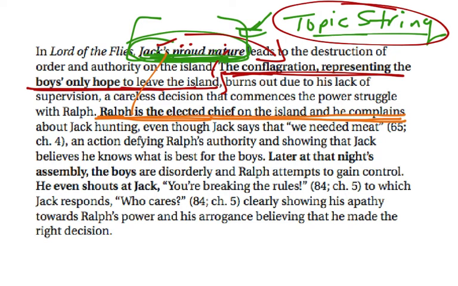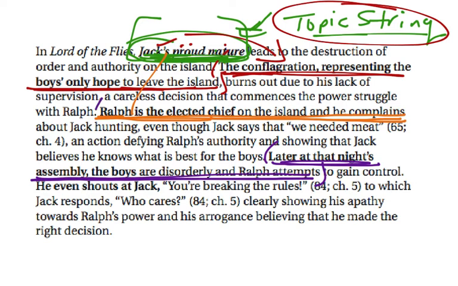And then we continue further. And this fourth sentence, later at that night's assembly, the boys are disorderly and Ralph. Look at all this diction. None of that diction in the topic string.